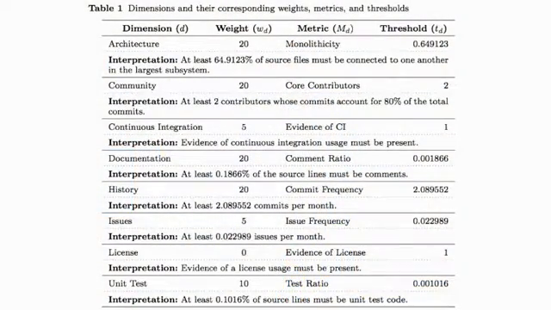So we used these projects, and we measured the same 8 dimensions to see what values these dimensions had for projects that we knew were engineered projects. Right? And we took the minimum values. So we were very safe in saying that something is an engineered software project. So according to our metrics, if the commit frequency is 2 commits a month, it would still be an engineered software project.